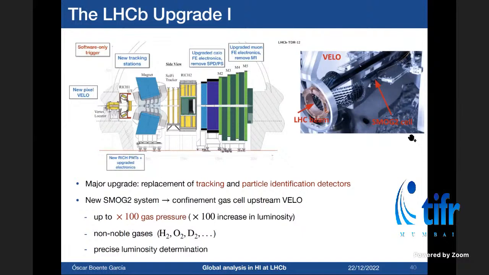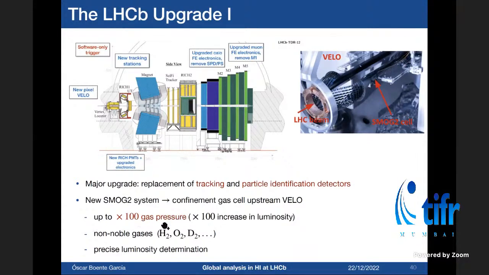And also, a very important point for the heavy ion program is that we installed this SMOG2 system, which is basically a confinement cell. It is upstream of the VELO, so it would be located more or less here. When the VELO closes, the cell closes, and we can inject gas that will stay only here.